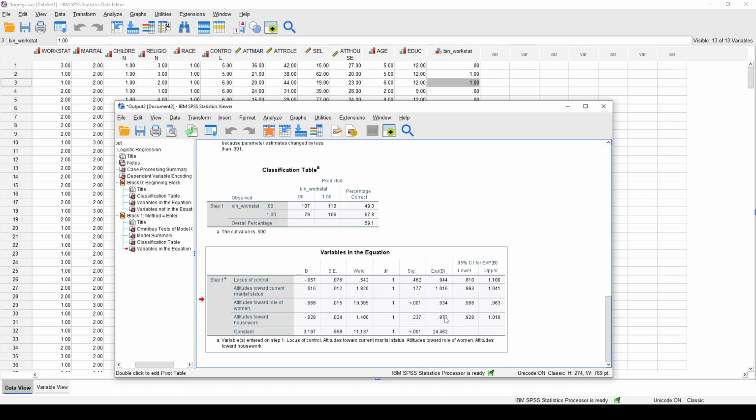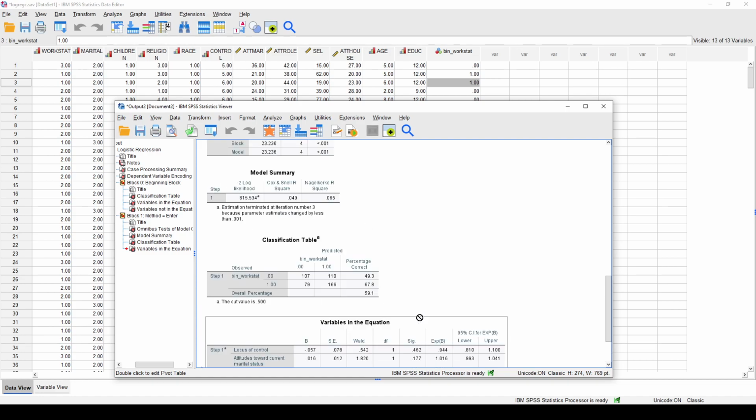Another thing I could go check out in terms of the size of the relationship: is this convincing enough? Would I make a decision on this model? Do I feel like attitudes towards women could definitively predict whether you're a working woman or not? In this particular case, I might go up to my R squared. How much variance is explained? Taking my R squared into account, I might say, look, these R squareds are actually pretty low.